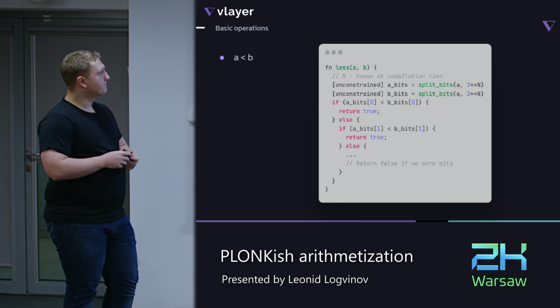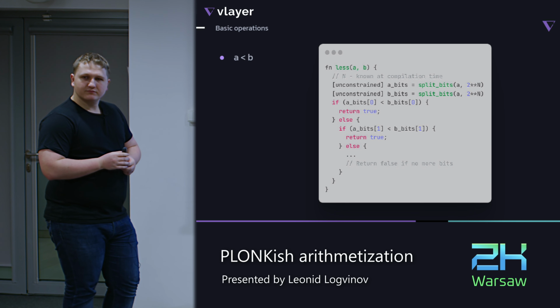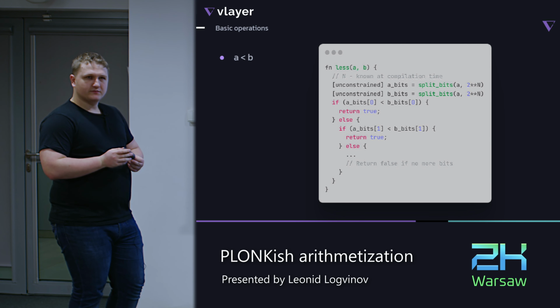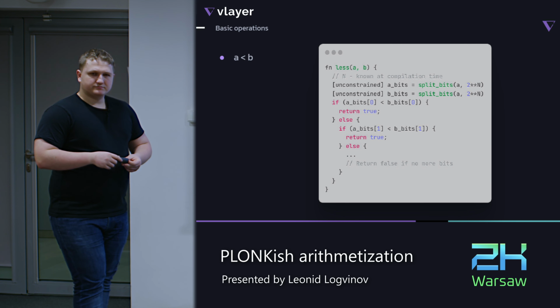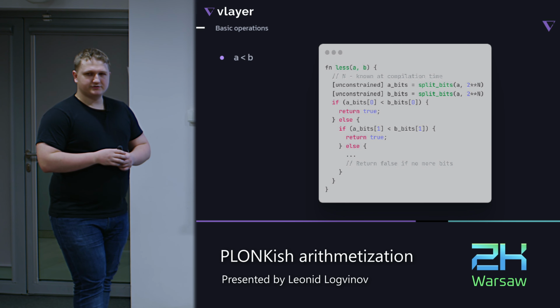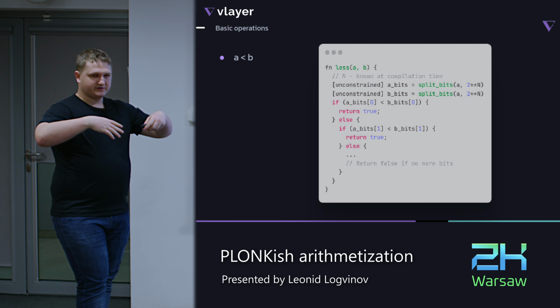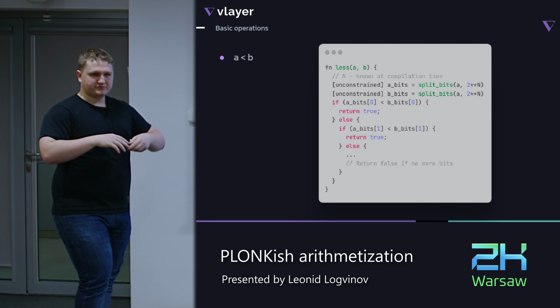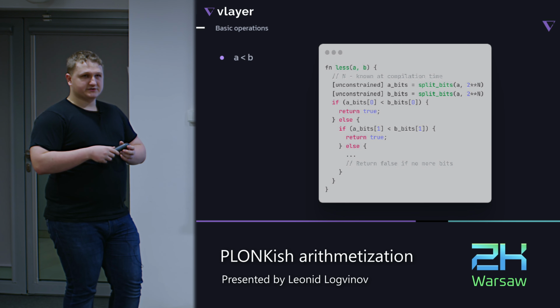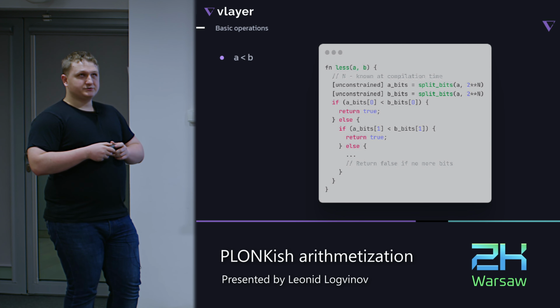And is there any preferred data type for A and B for those kinds of operations, or is it hex? So A and B are numbers here, and usually in Noir you get something as field elements, and then you cast them to signed or unsigned numbers, and then you do operations on them.